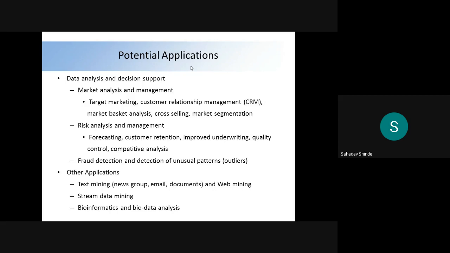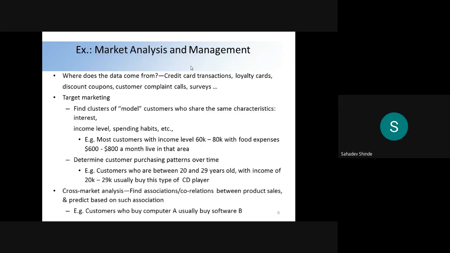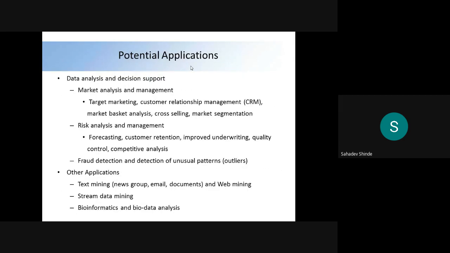Web mining is nothing but the web servers, they are also going to maintain a huge database. That is also something we are going to consider a web mining application. And again stream data mining, bioinformatics, and biodata. So these are the major applications of data mining concepts here.